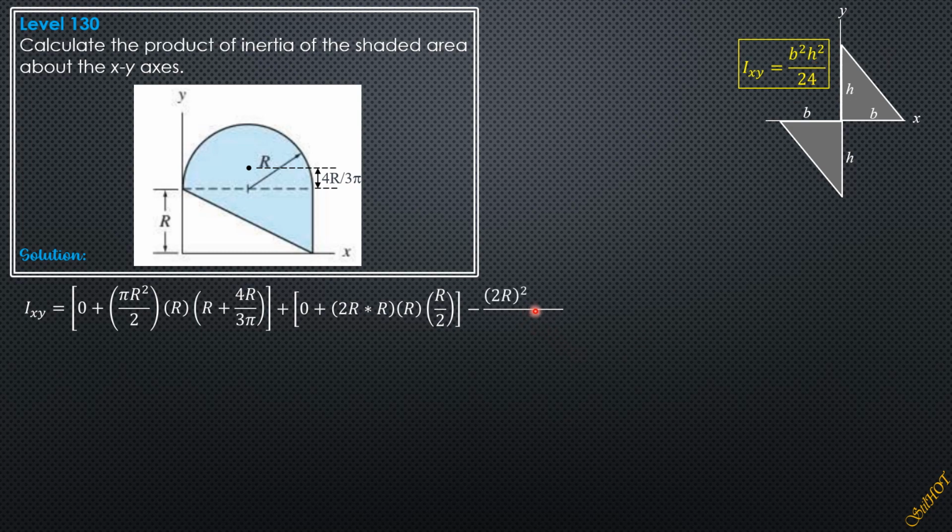So 2r square, r square over 24. So computing each value using the calculator, 2.2375 r to the fourth, then the second is r to the fourth, the third is r to the fourth over 6. Then combining and expressing the answer in decimal form in terms of r to the fourth, Ixy equals 3.071 r to the fourth.